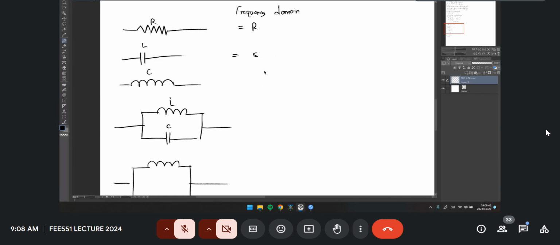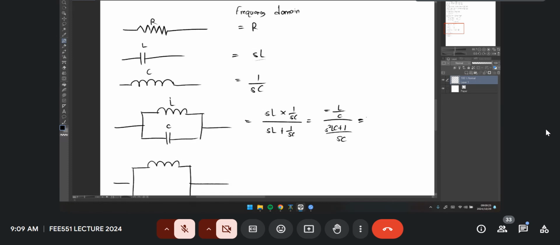Okay, sorry, sL and 1 over sC. We can use the relation for sL and sC. This is sL times 1 over sC over sL plus 1 over sC. When you simplify these two, it will be L over C over sC, s squared LC plus 1.